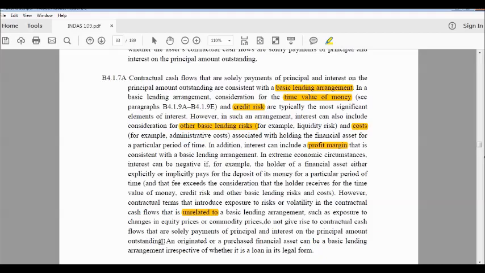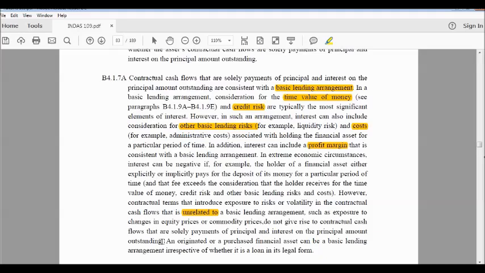So basically, if the contractual term is charging you another kind of thing, totally unrelated to the interest component, like linking the payment with the equity index or with the commodity price, then we can say that is not solely payment of interest.